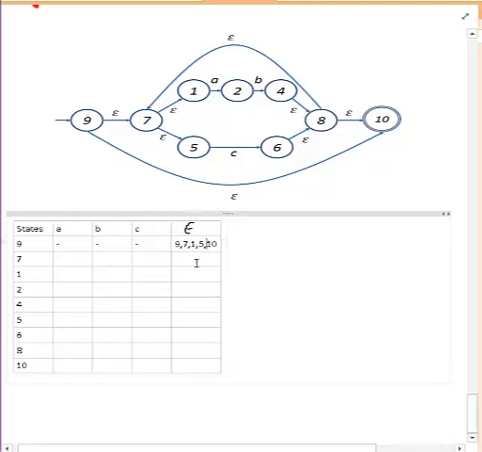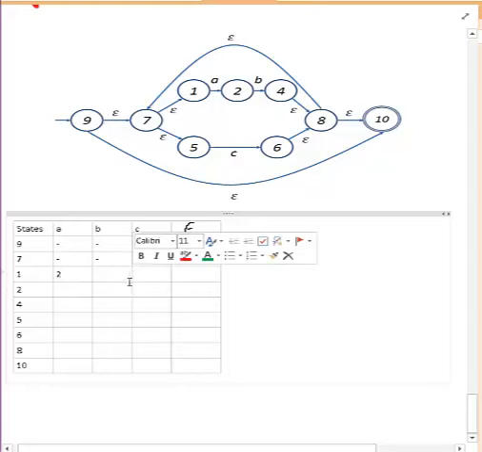Then on 7, again on A, B, and C I get nothing, and on epsilon 7 moves to 1 and 5, right? So I move to 1, comma 5. Similarly from 1, on A I can go to state 2.